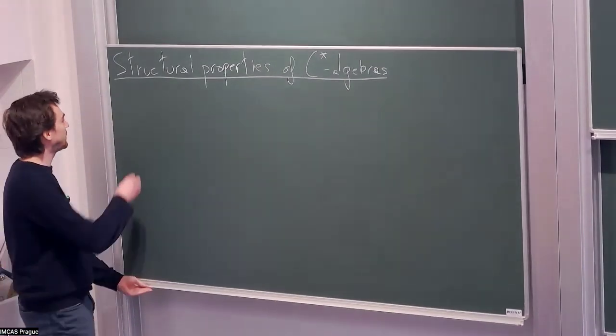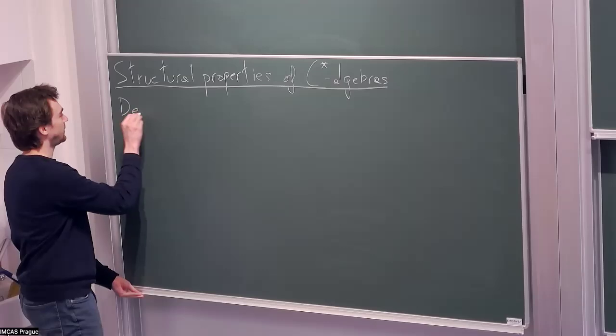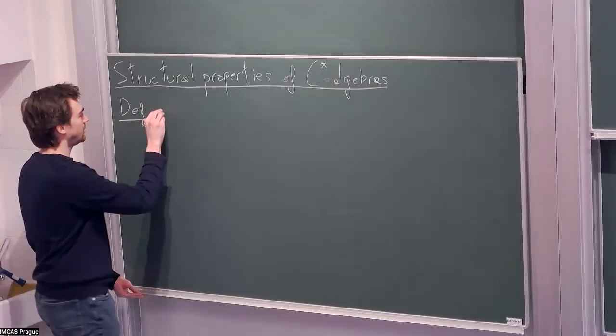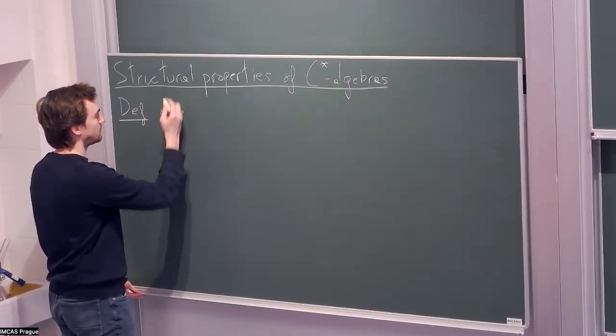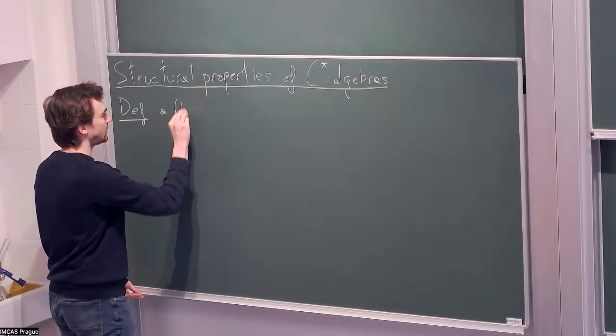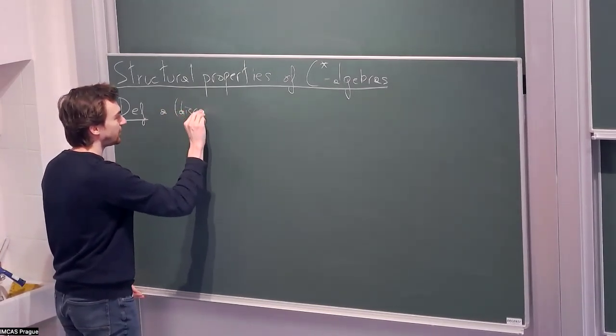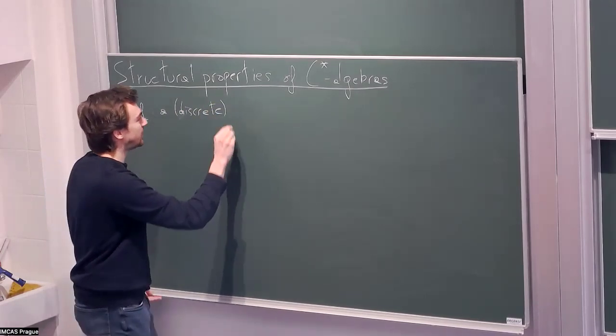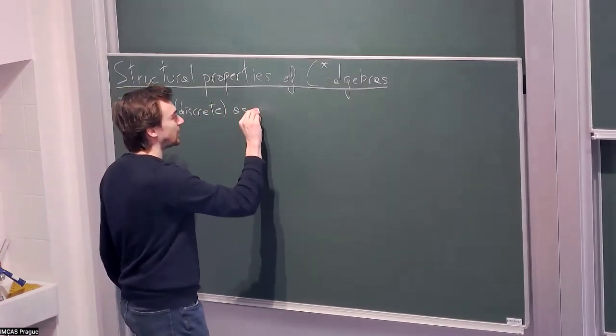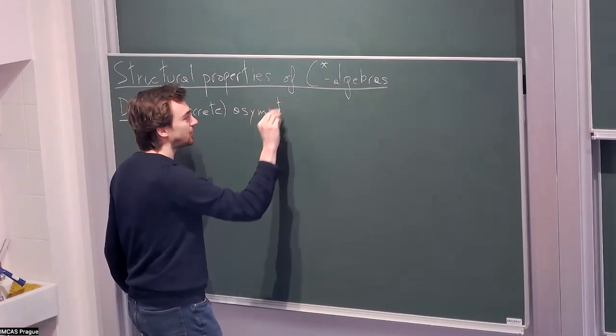So what are these? For now, I will only talk about discrete ones, but Tatiana will, I think, also mention continuous ones.